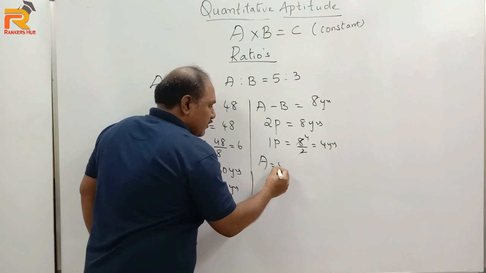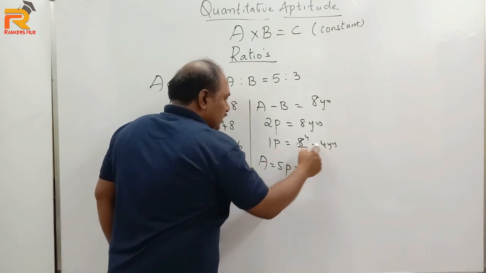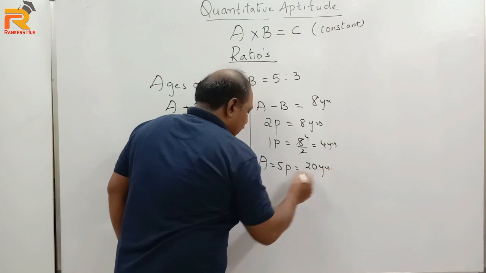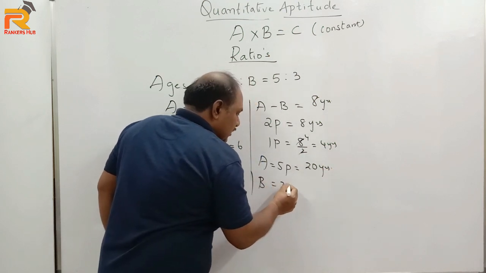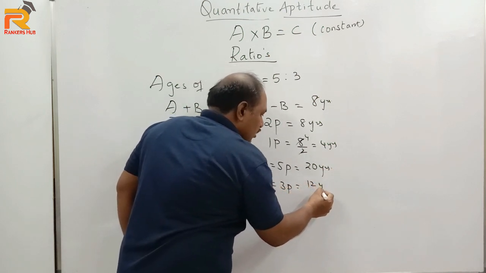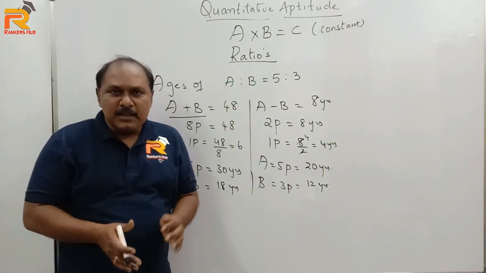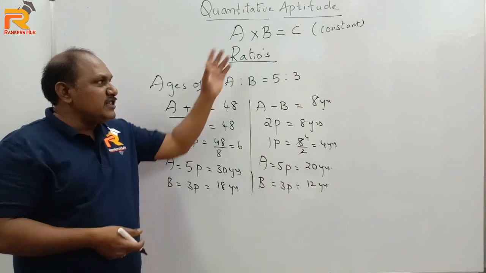A is 5 parts, 1 part is 4 years, 5 fours are 20 years. And B is 3 parts, 3 fours are 12 years. So this is how we can utilize the concept of ratios to answer these questions.